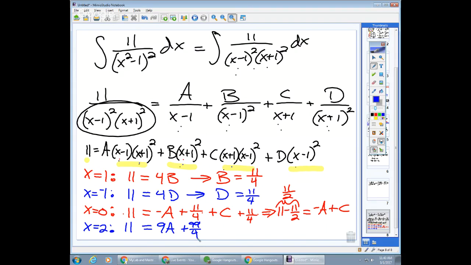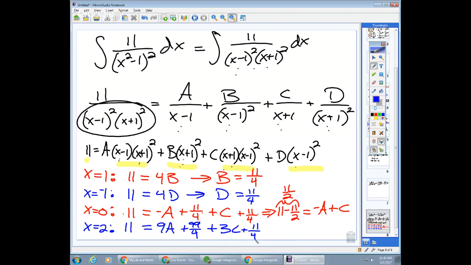9 times B. Plus, C is going to be a 3 times 1 squared. So I get a 3C. And D, 2 minus 1 is 1. 1 squared is 1, which is just D, 11/4. So I think I got those right. Do you guys agree with those values?